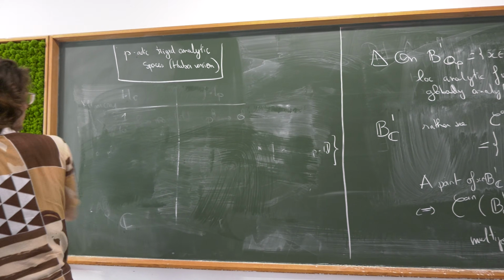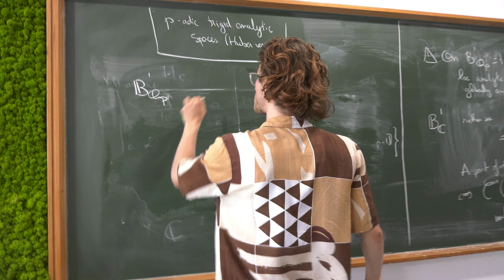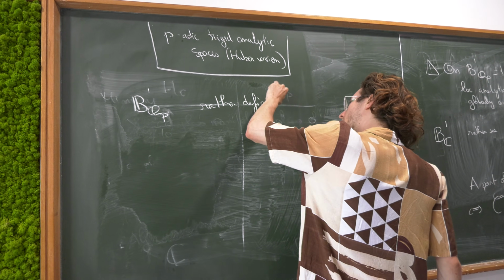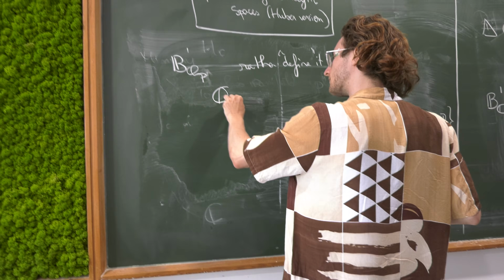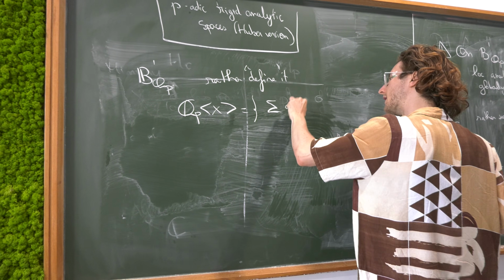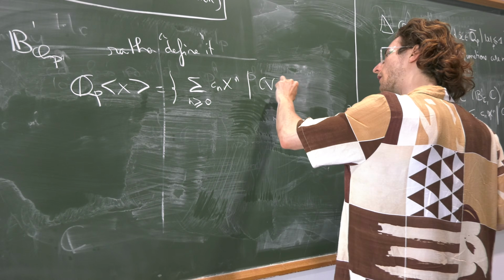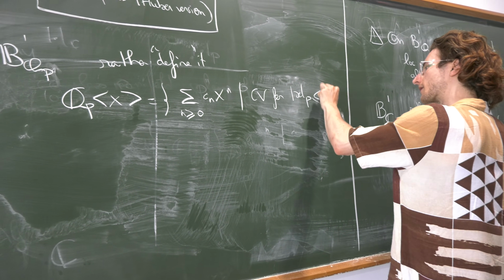So if I think now of B1 of Qp, how would I want to think of it? I rather define it, let's say, as its ring of functions. So it's just a notation, but it's again the sum of c_n x to the n that converges for the p-adic valuation of x smaller than 1.